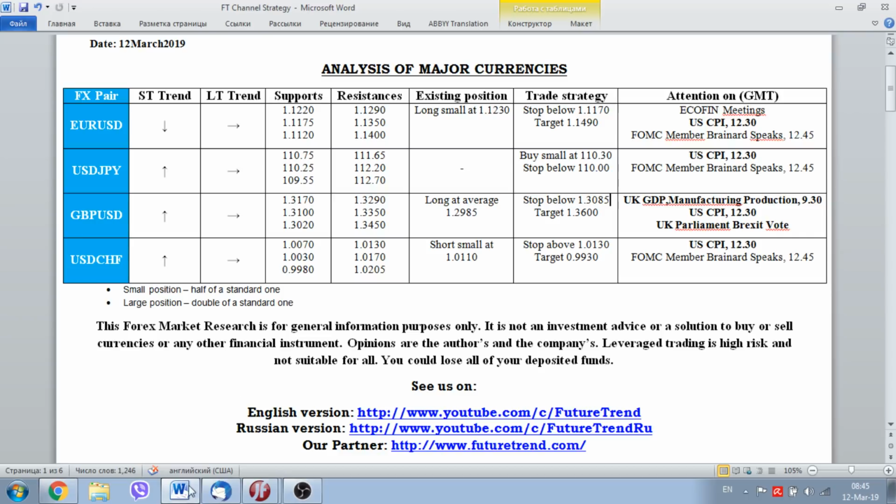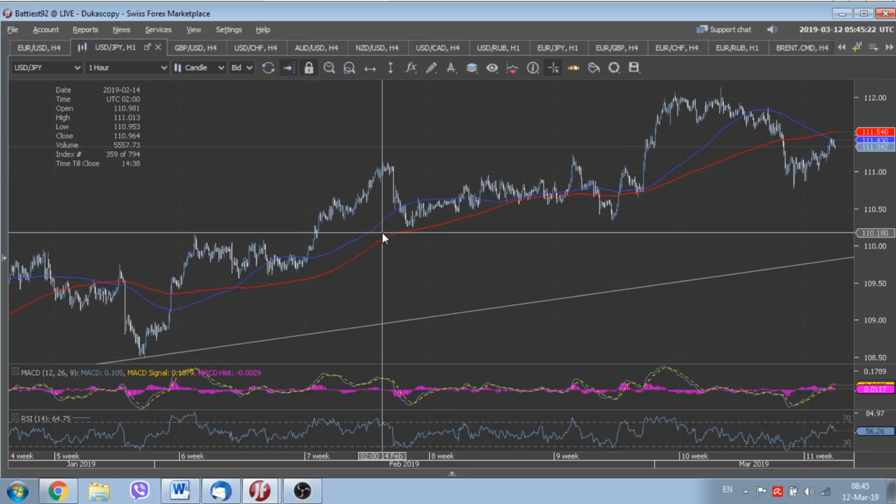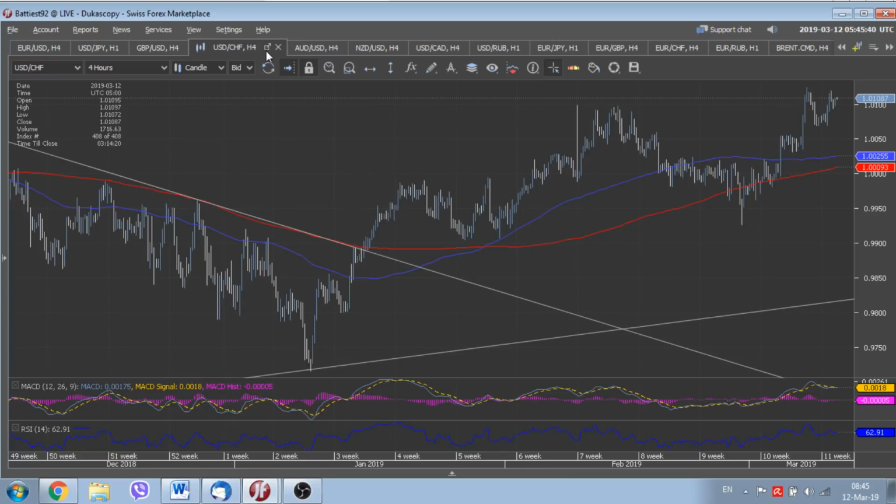What else? Dollar yen, because of improving risk-on sentiment, is also on the uptrend at the moment, still below the level 111.50. From a longer-term point of view the situation remains quite bullish for the dollar yen. And finally, a few words about dollar Swiss.